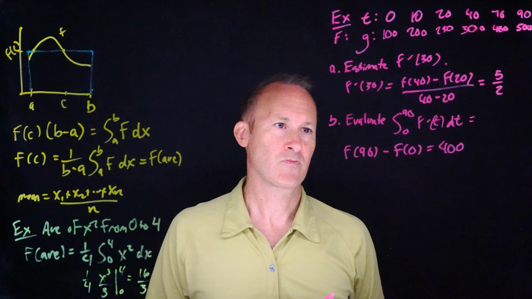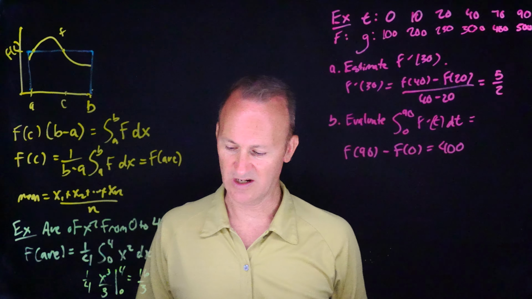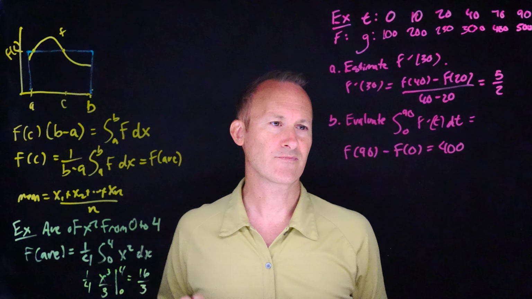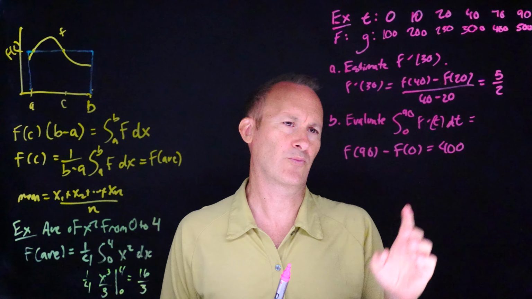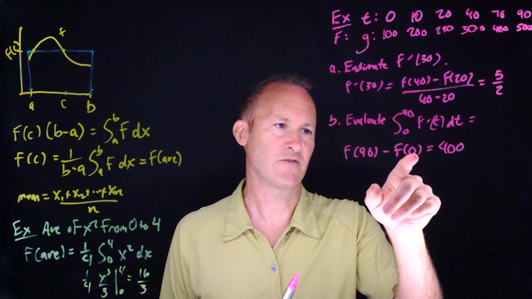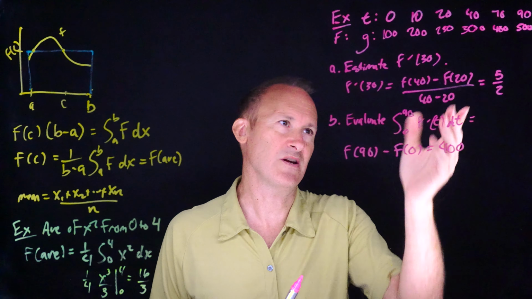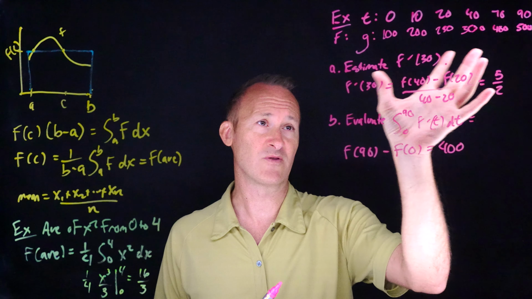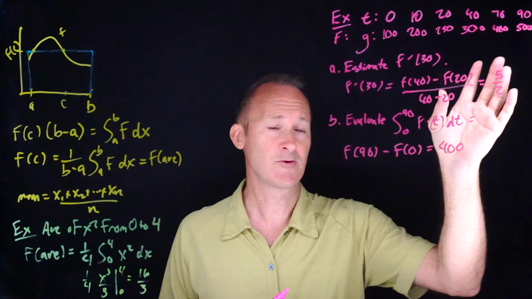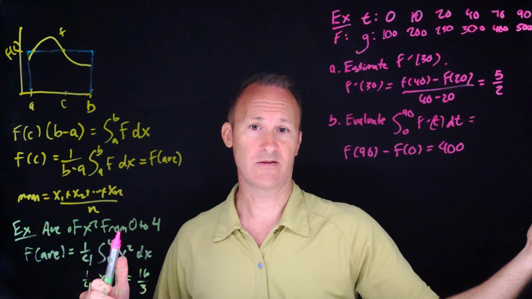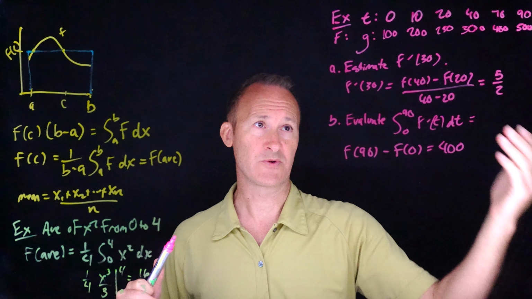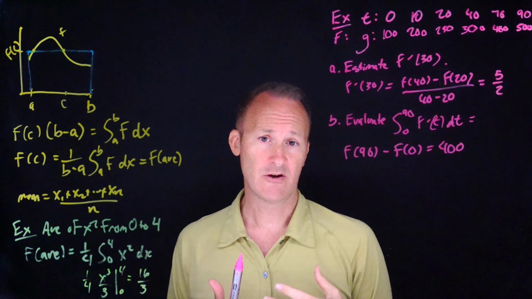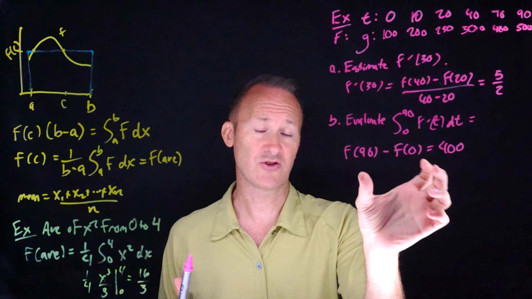Okay? And so that's kind of interesting, and what is it actually telling us? If you look at it, it tells us the difference in volume, the number of gallons that have accumulated. We start with 100, we end up with 500, so 400 additional gallons have accumulated.